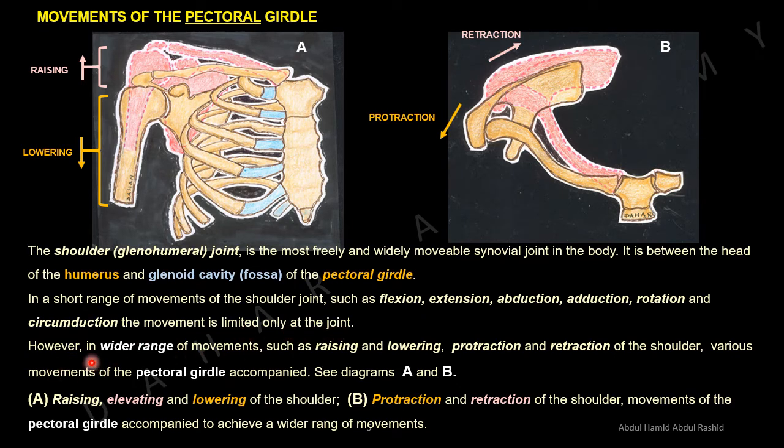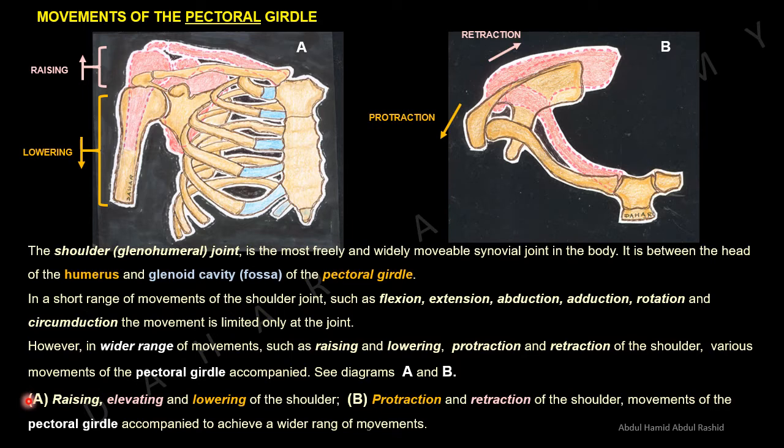However, in wider range of movements, such as raising and lowering, and protraction and retraction of the shoulder, various movements of the pectoral girdle accompany. See diagram A and B.